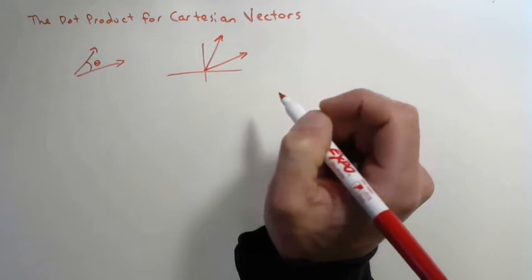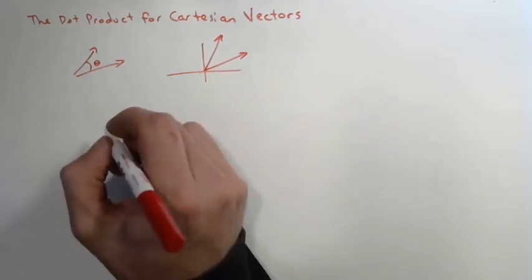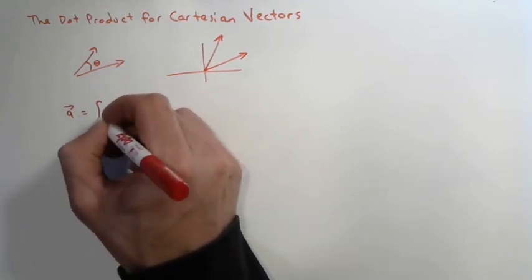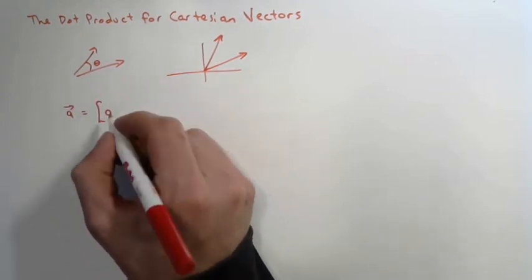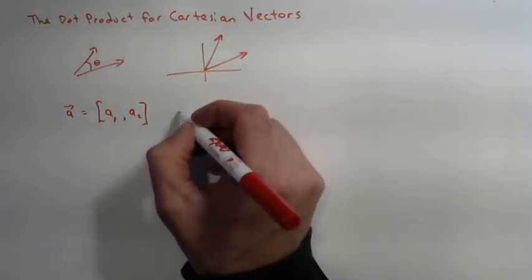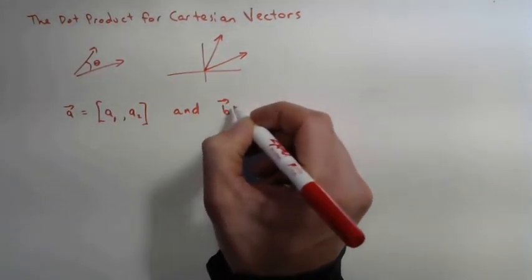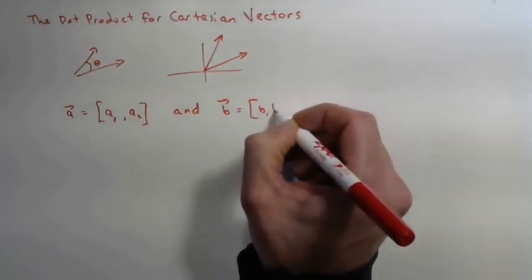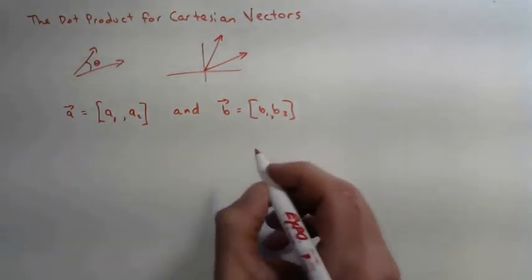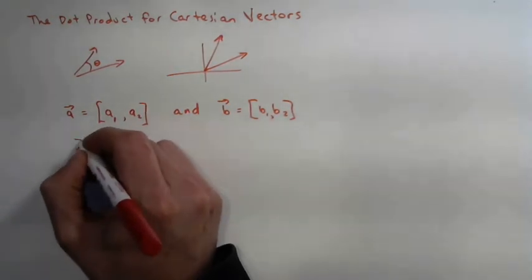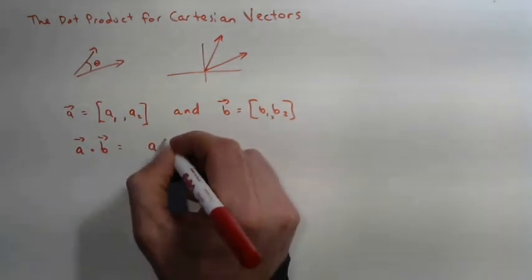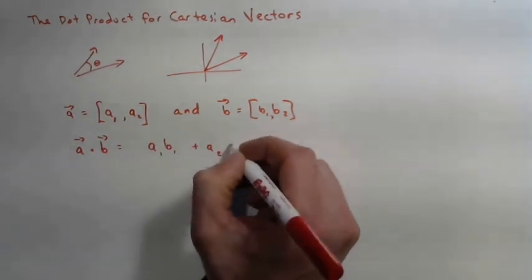Again, it's an application of the cosine law, and so if we have vector A, which is defined by the coordinates a1, a2, and vector B, defined by the coordinates b1, b2, then A dot B is equal to a1 b1 plus a2 b2.